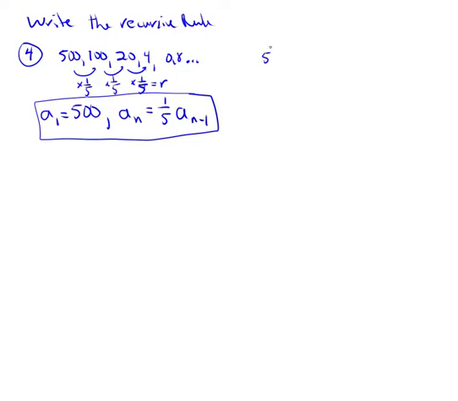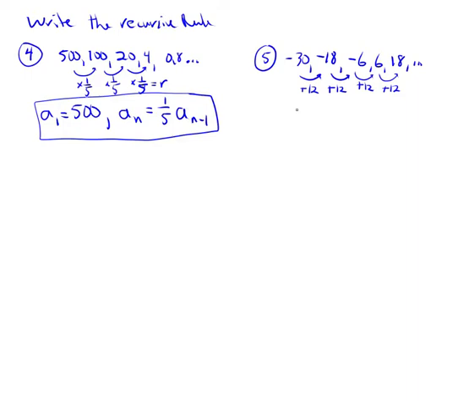So if we take a look at another example: -30, -18, -6, 6, and 18, and so on. In looking at this one, I see that it is arithmetic. It's a plus 12, so our common difference is 12.